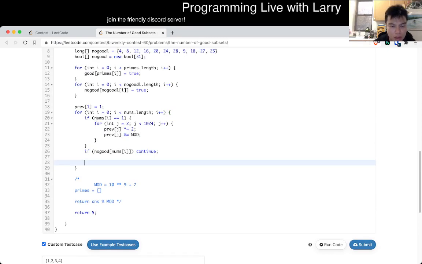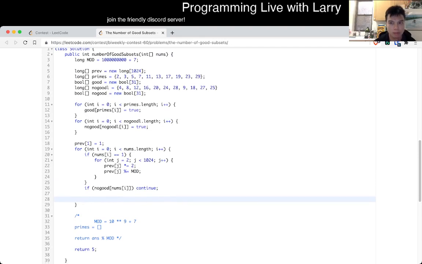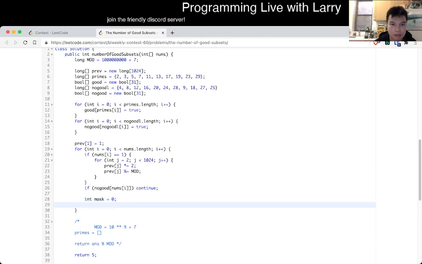And then otherwise we look at the contributions. Okay, mask on, mask off. Actually no, that's fine. Oops.